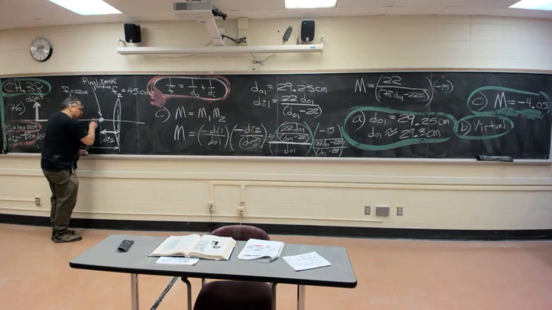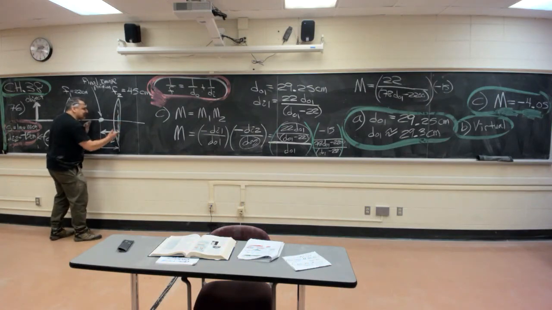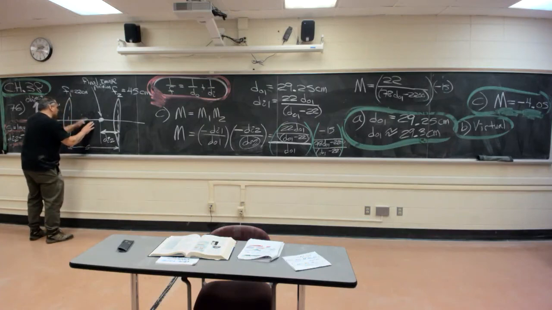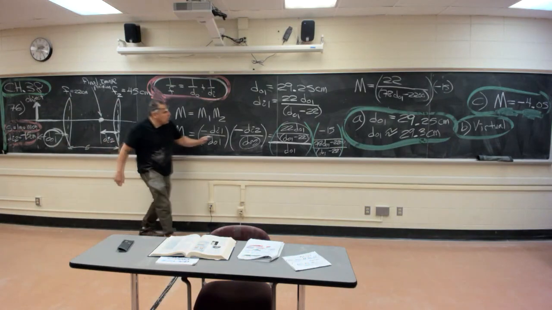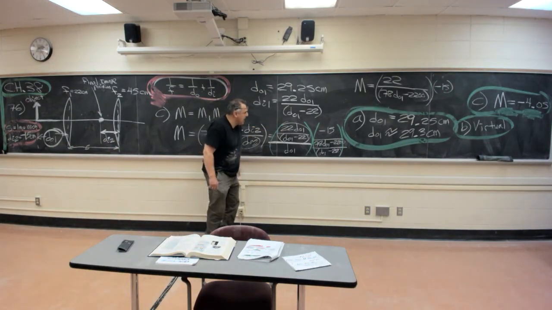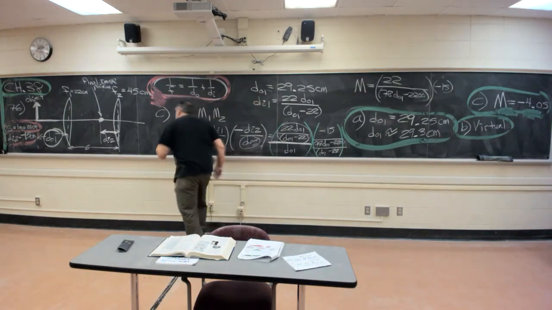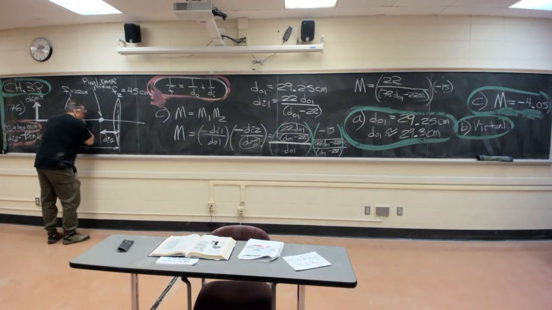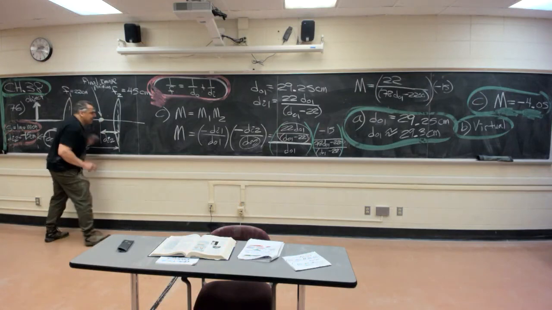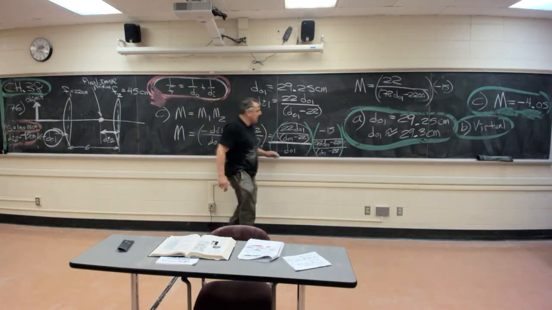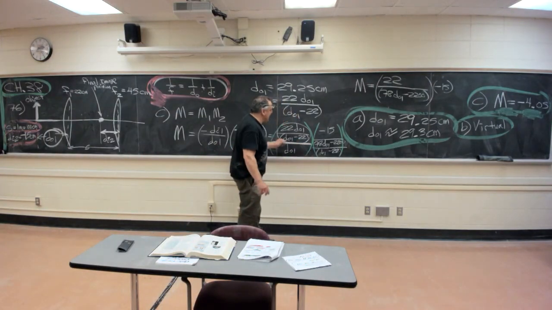The pseudo object is that same distance, DI1's distance to the second lens.